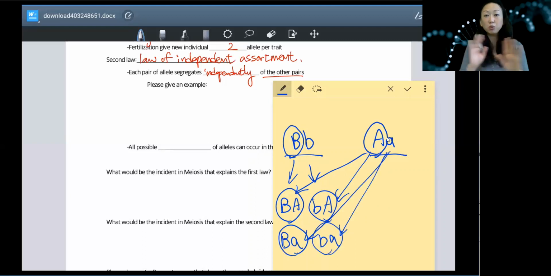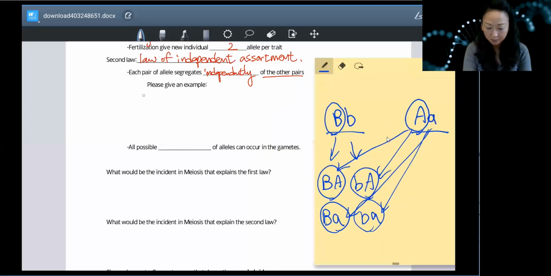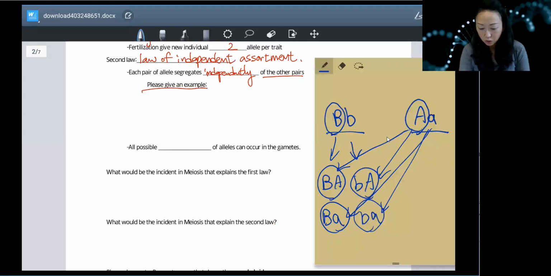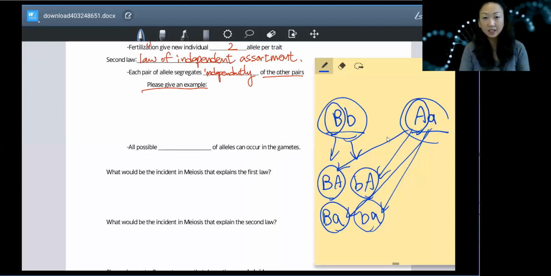I have equal chance to come into the same gametes, okay? And that will be my example, that the two sets of pairs of alleles can sort independently.